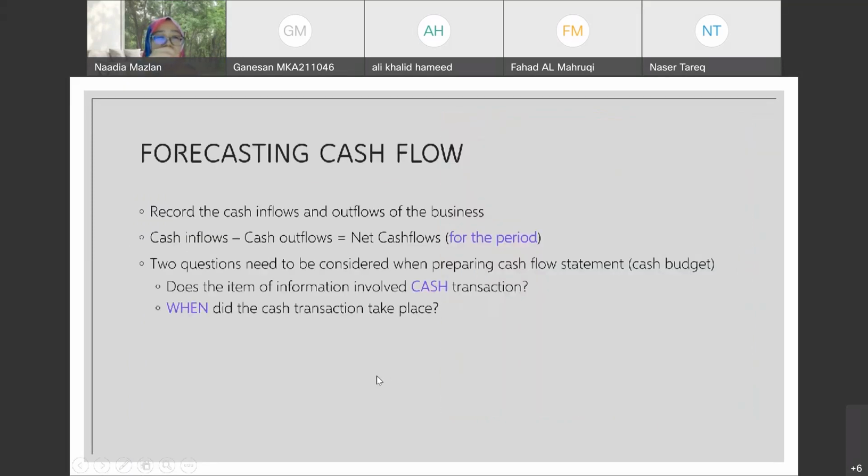All right, now, again, the summary from what we learned just now: record the cash inflow and outflow of the business. So cash inflow less cash outflow equals the net cash flow for the period. So the question to consider is whether it is cash. If it's not cash, don't put it. Sometimes I'm just going to trick you, or sometimes in real life it's going to be credit.